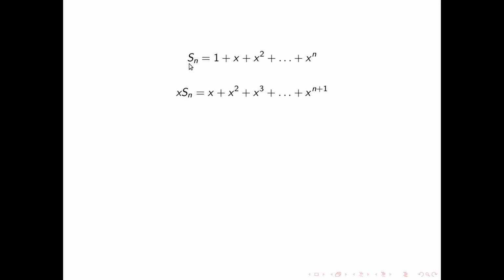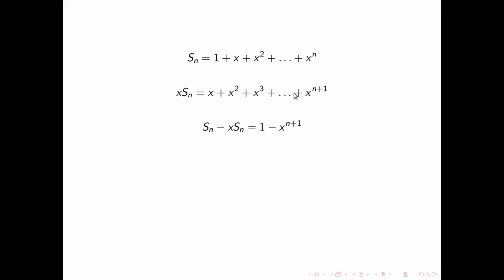Now what we will do is consider the first equation. We will subtract the second equation. The result of that will be Sn minus xSn, that is the term on the left side of the equation. If we take x minus x, it will cancel. x squared minus x squared will cancel. x cubed minus x cubed will cancel.